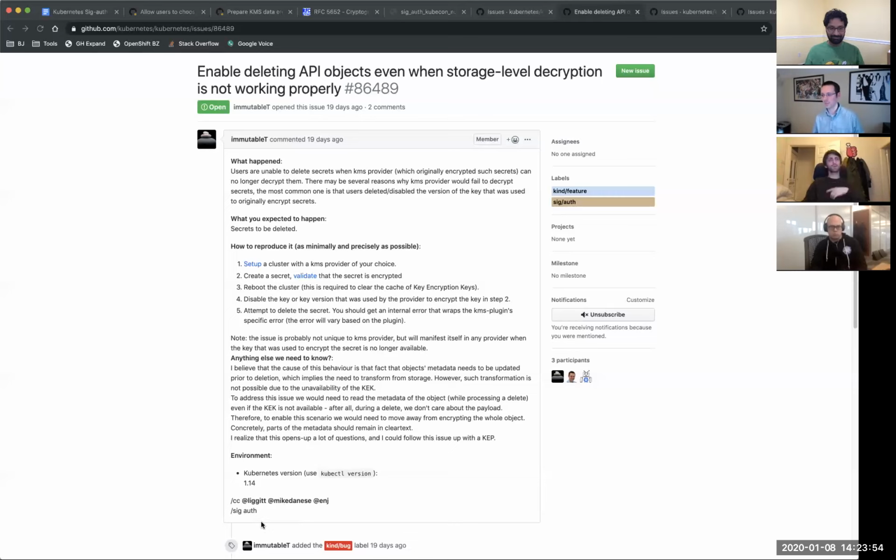I do want to time box this because there were some things towards the end of the agenda I would really like to get to. But would it be worthwhile, especially if we're talking about how we store things, to have a way to associate key IDs or some method so that a provider that wanted a repair or reconcile function that was really low level could scan etcd and identify keys associated with no longer available KMS keys?